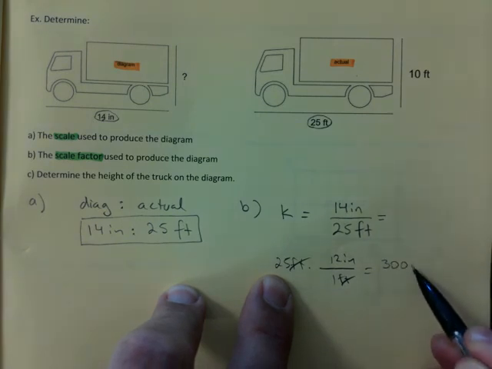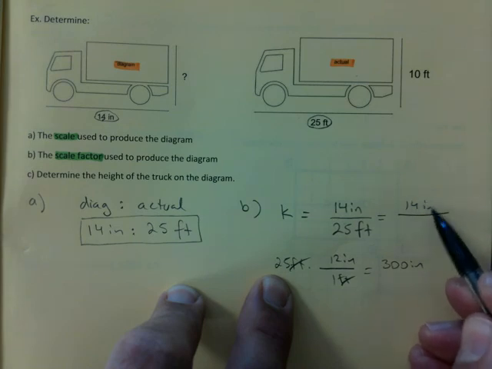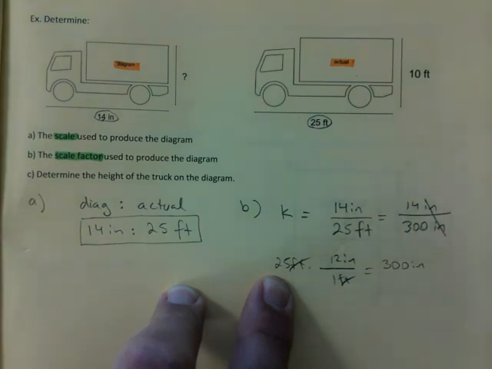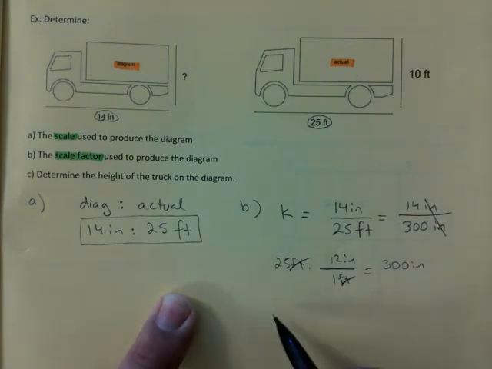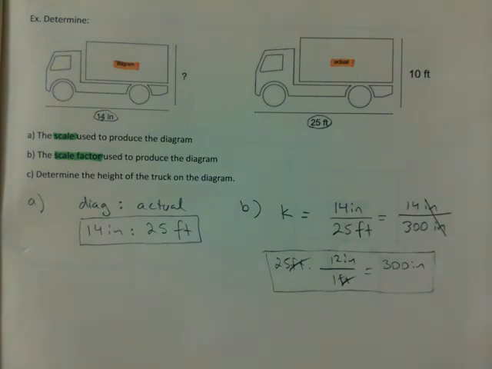So it's 300 inches. So I'm going to go 14 inches over 300 inches. Cancel, cancel. And so I'm going to just put this on an aside here and just leave it like that because you should know that. So K is 14 over 300.